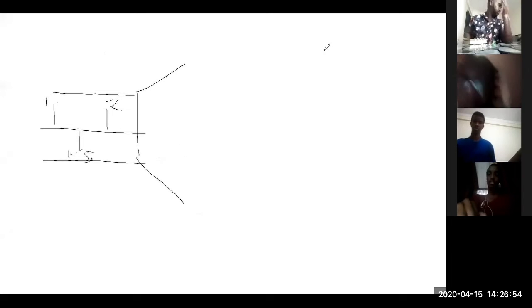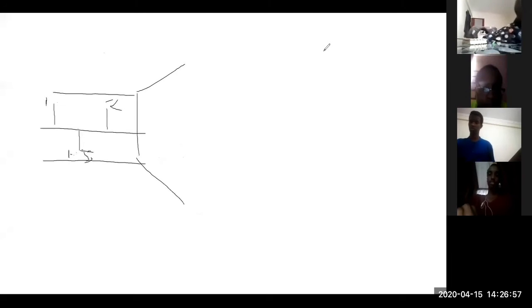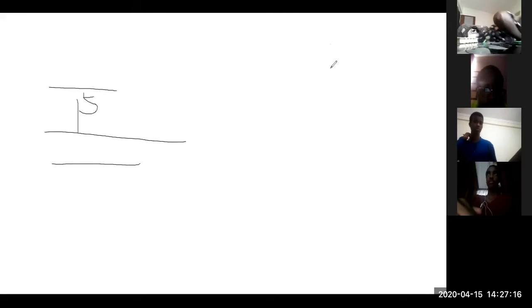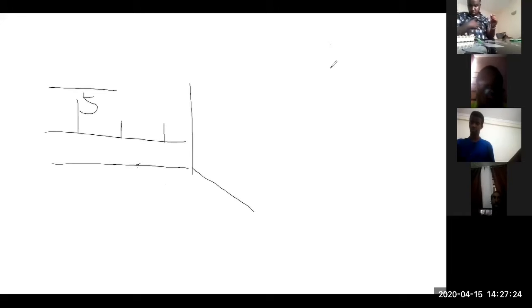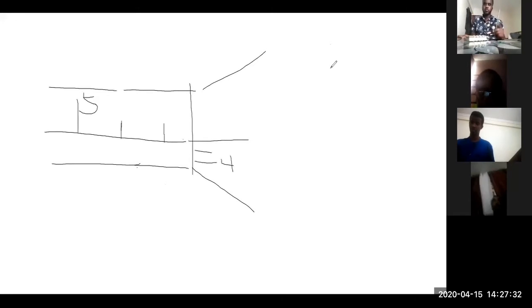So for our case here, we have the 5, then 1, 1, 2, then we have the thimble scale ending there, and then just below we have 1 division here, and then here we have 45.